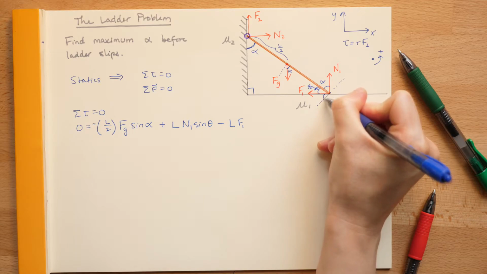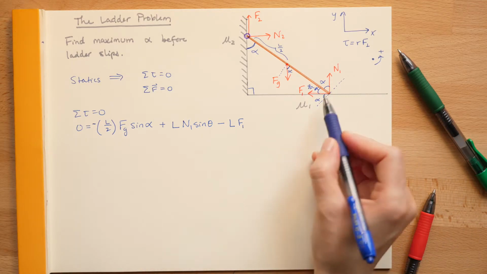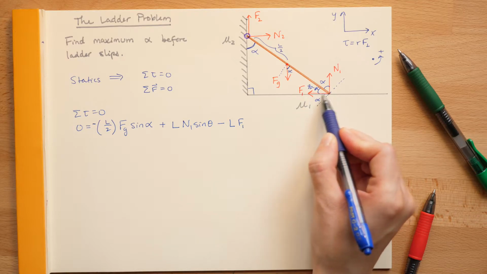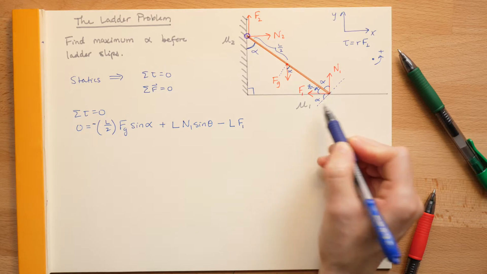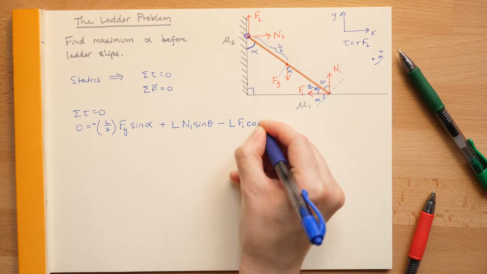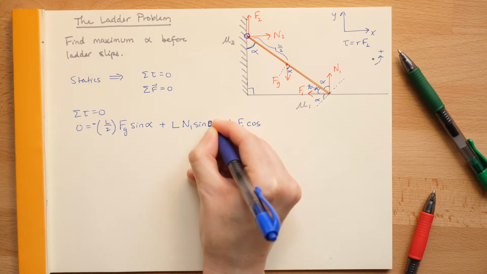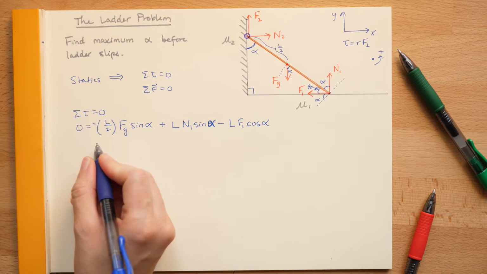So that means that this angle is alpha. So to get the perpendicular component of F, we need the cosine of alpha in this case. Oops, I put a theta there when I meant an alpha. There we go.